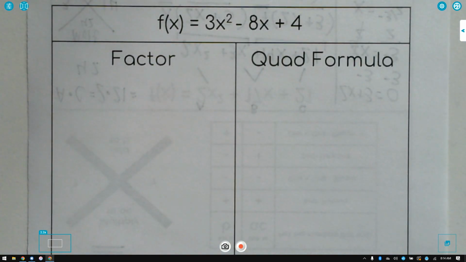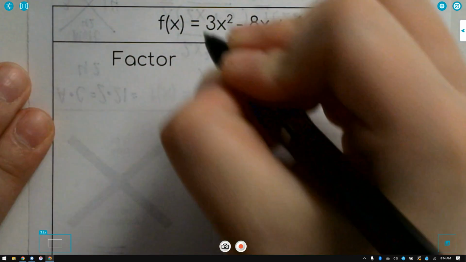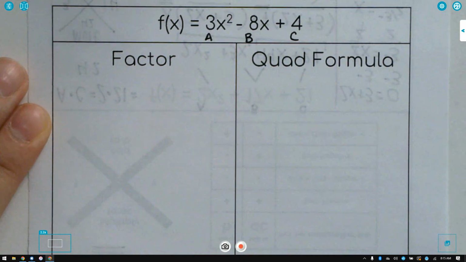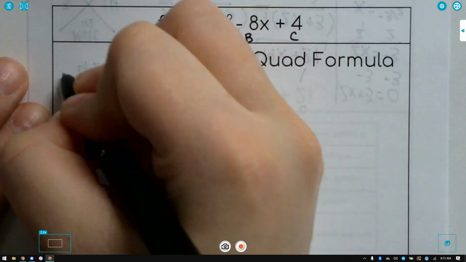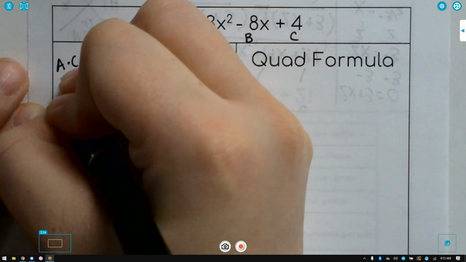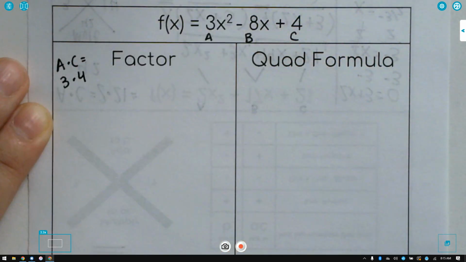We've got 3x squared minus 8x plus 4. Let's label our A, B, and C. We are looking for two numbers. We need to multiply together A times C. So A times C is 3 times 4, which is 12.